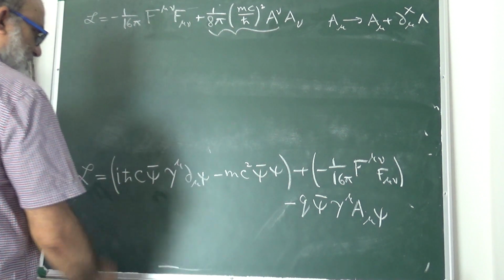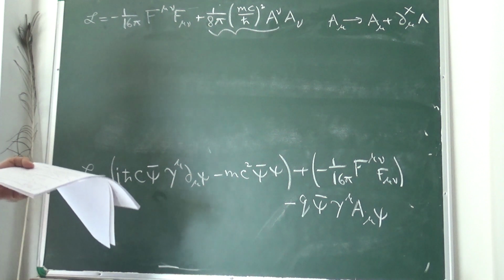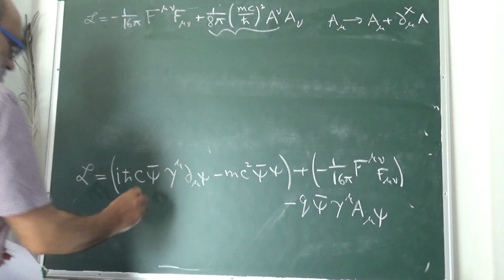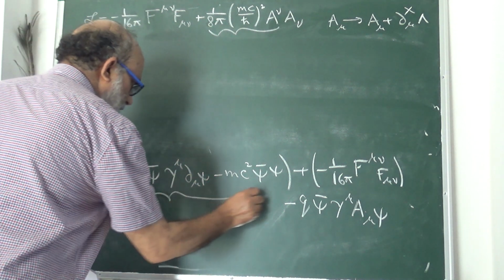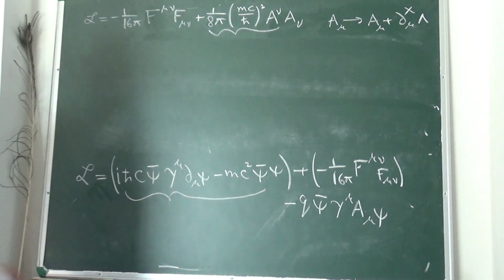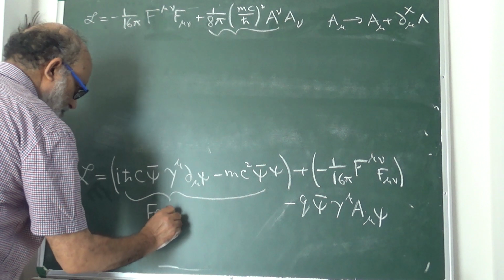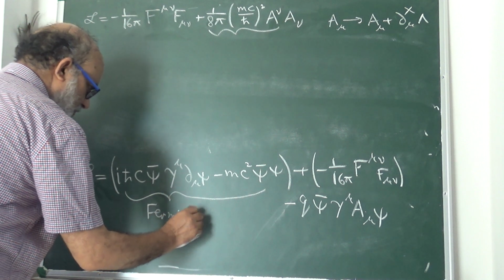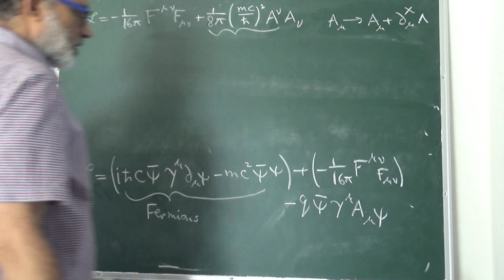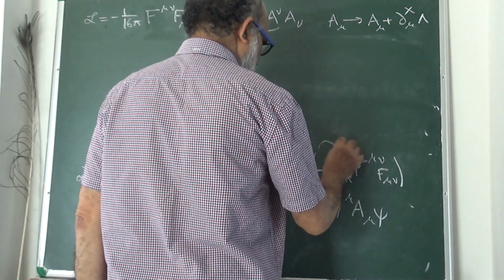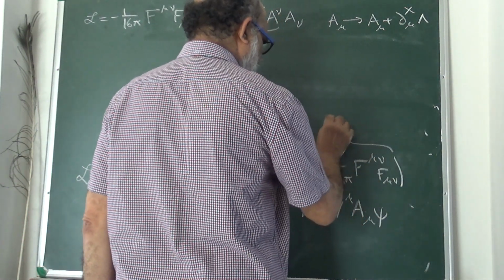This part of the Lagrangian represents fermions. This is the Lagrangian for fermions. This is the Lagrangian for the electromagnetic field.